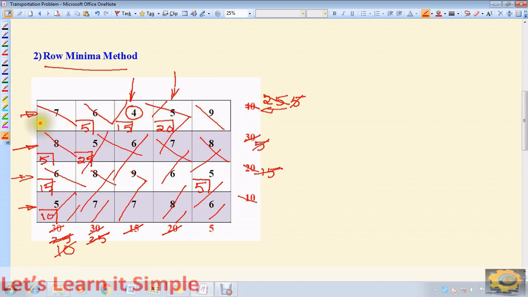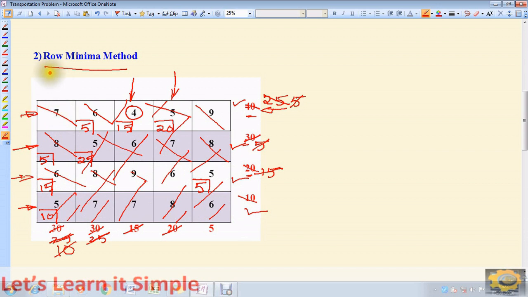As we said in the previous case, after allocating, we need to verify the demand and supply values among the rows and columns. In the first row, 5 plus 15, 20, plus 20, 40, original value 40. Yes, done. In the second row, 5 plus 25, 30, original it is 30. Yes, done. In the third row, 15 plus 5, 20, originally it was 20. In the last row, 10. Yes, it is done.